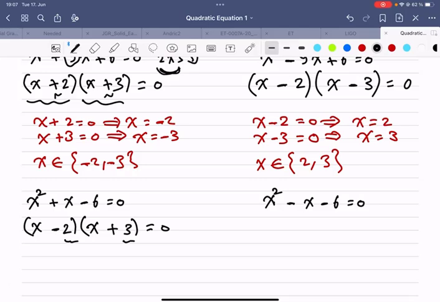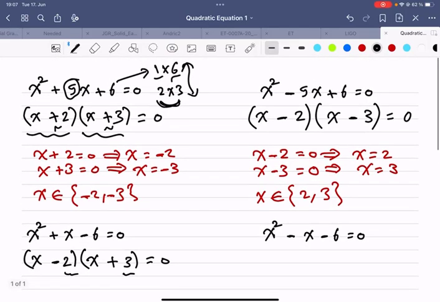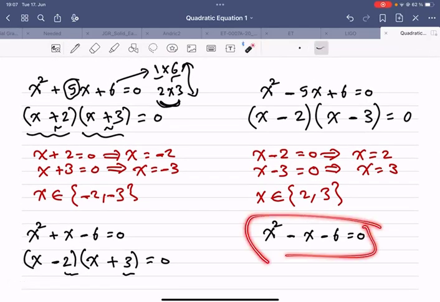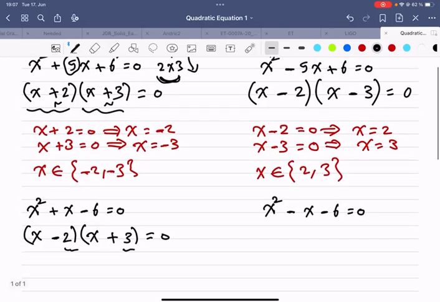Last example is the same as this one, except the sign of the middle term is negative. So we know that the answer will be x something 2 and x something 3.